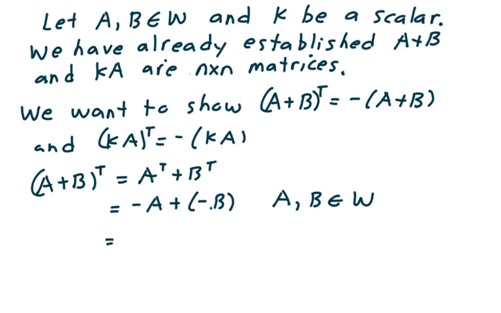Now, this is equal to negative 1A plus negative 1B. Okay? But notice that negative 1 is common to both terms, and we are allowed to factor that negative 1 out in front.